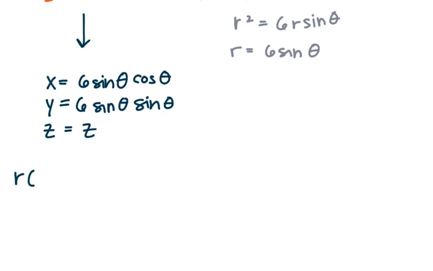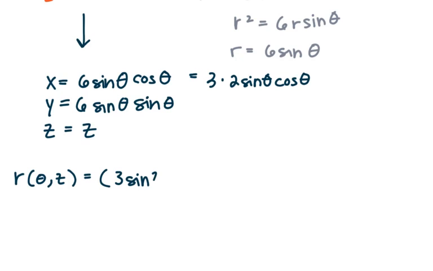Here we have r of theta, z. Simplifying 6 sine theta cosine theta, I recognize that's the same as 3 times 2 sine theta cosine theta, that's my sine double angle.